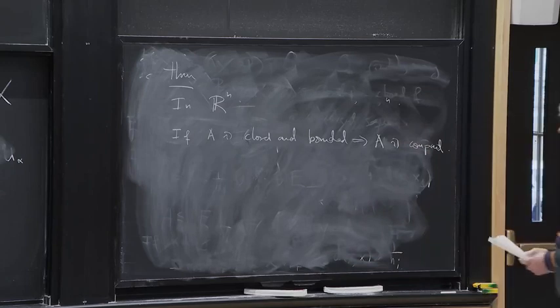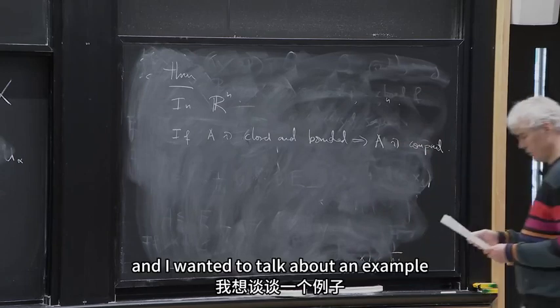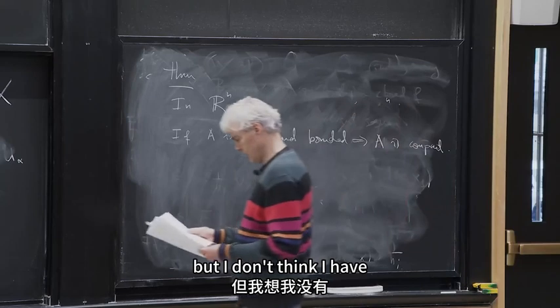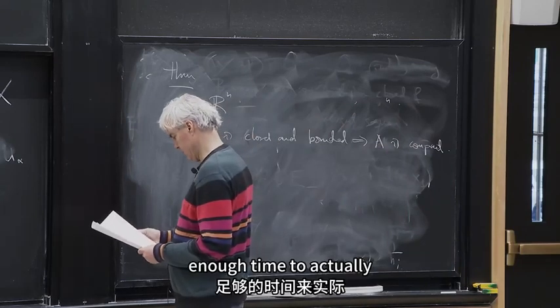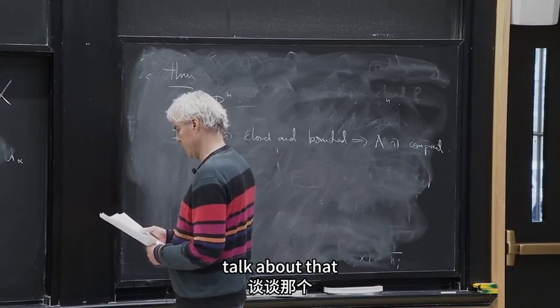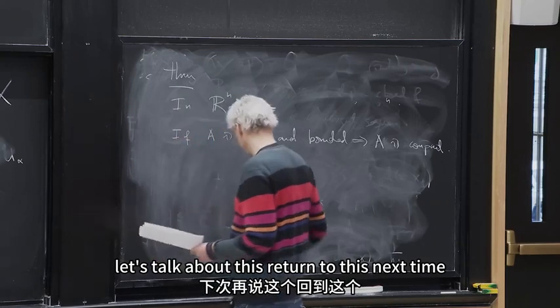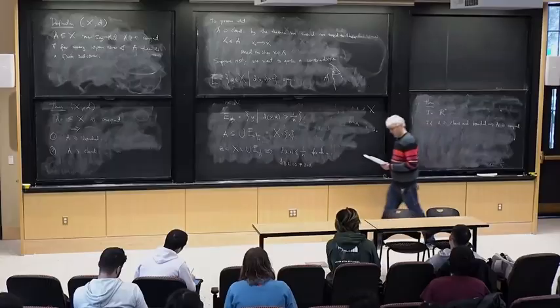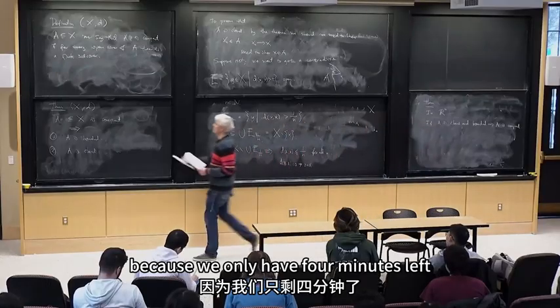Okay. I wanted to talk about an example, but I don't think I have enough time to actually talk about that. Let's return to this next time, because we only have 4 minutes left.